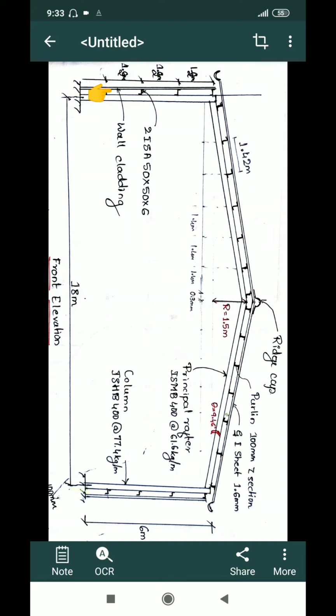These Z sections I am providing from the top at 1.2 meter, 1.2 meter, 1.2 meter and the remaining. The column is ISHB 400 at 77.4 kg per meter, and for the Z section I am using two angles connected in opposite directions, of 50 by 50 by 6.